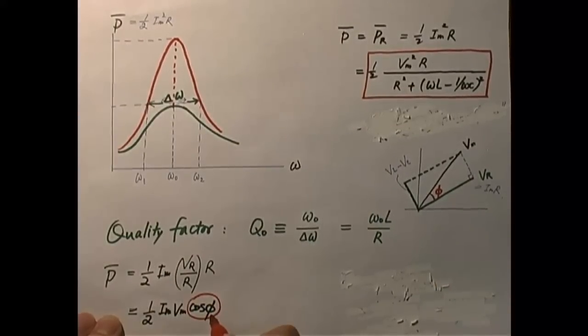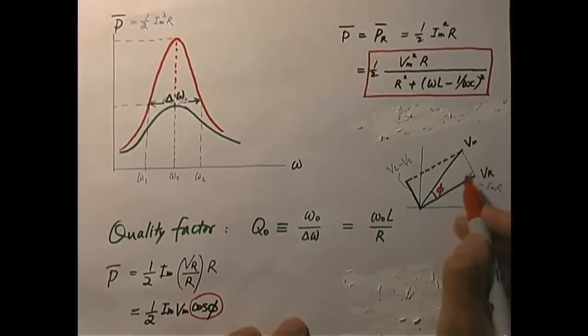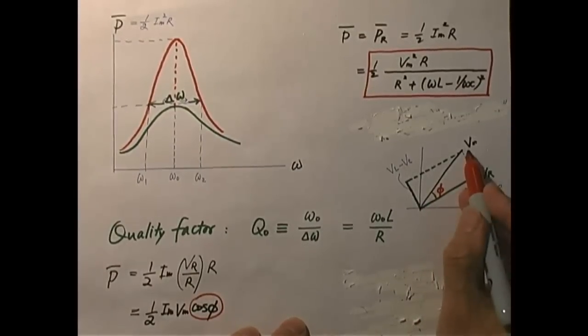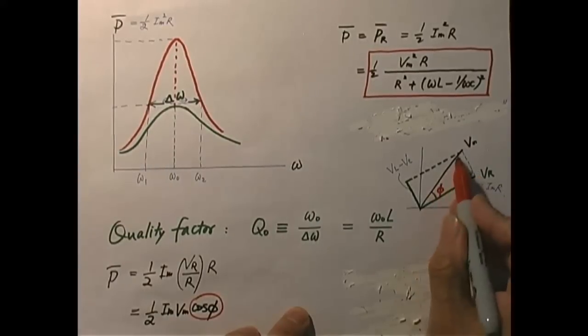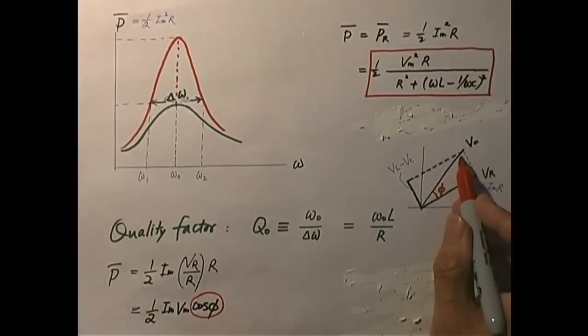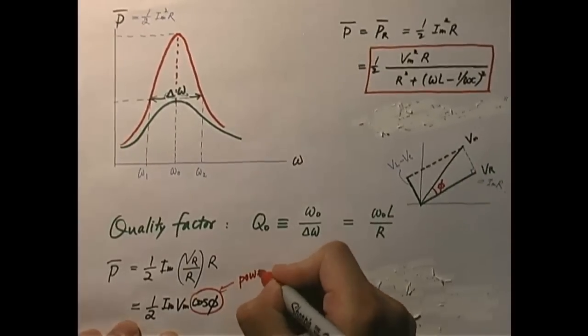If this cosine phi is at maximum value, the average power consumption is the greatest. And if cosine phi is 0, then there is no power consumed. This phi, again, is the angle between VR and Vm. It's also the angle between the current phasor and the EMF phasor. We call it the power factor.